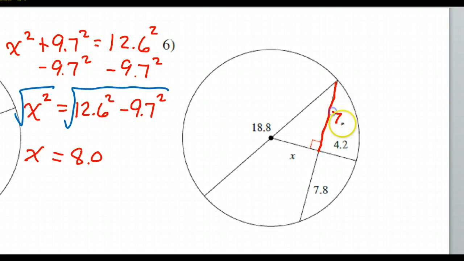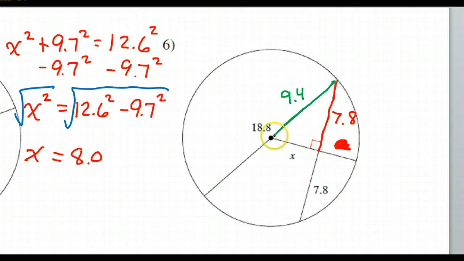So this side right here is 7.8. 4.2 is just not relevant to this problem. The 18.8, I'm going to split that in half, and that's going to give me 9.4. So this part right here is 9.4.